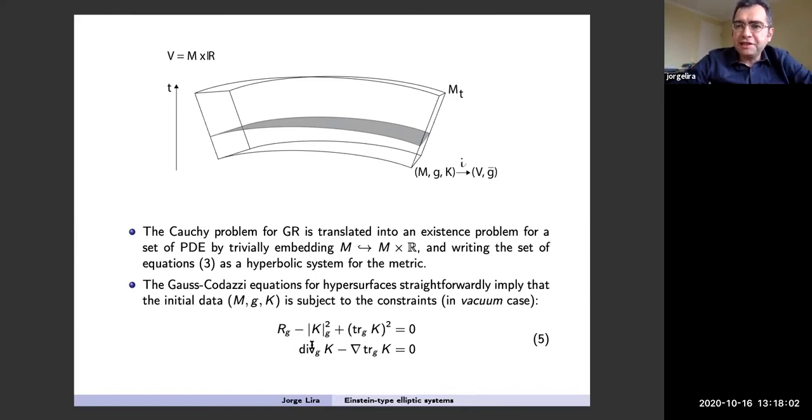And this is the squared norm of A, the squared norm of the second fundamental form, the Weingarten map, if you prefer. And that's the trace of the second fundamental form, which is, of course, the mean curvature. So the scalar curvature is linked to the mean curvature and the Weingarten map in that nonlinear way here.